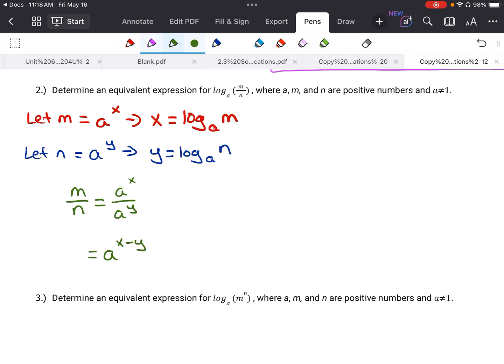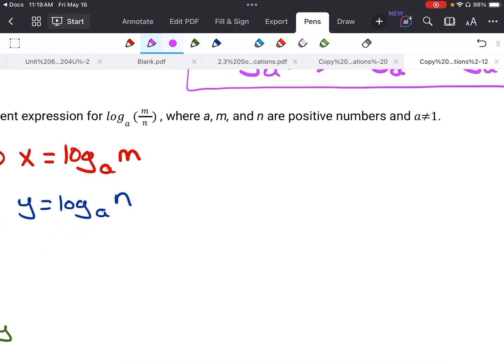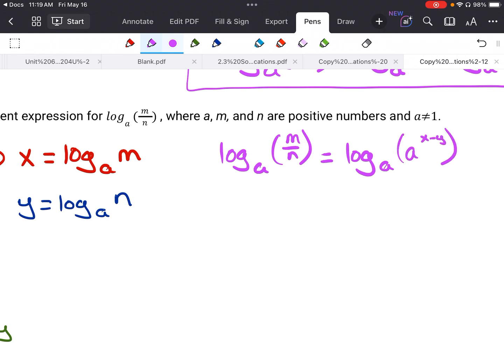We're going to do the same thing, go to our original equation, and substitute our x and y. So we have log base a of m over n is the same thing as log base a of a to the power x minus y. And since our log base and our exponent base are the same, this becomes x minus y.